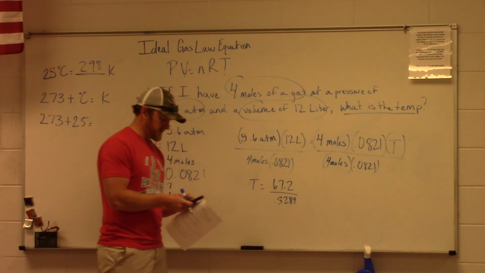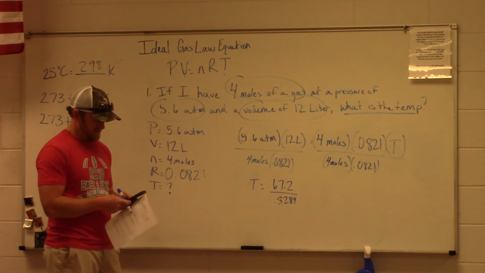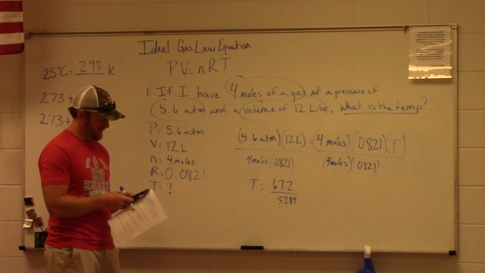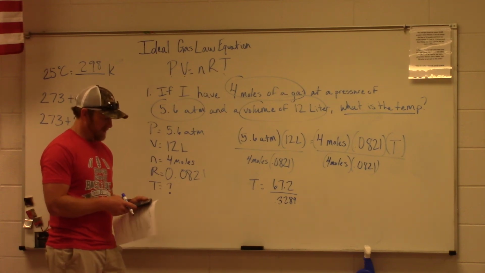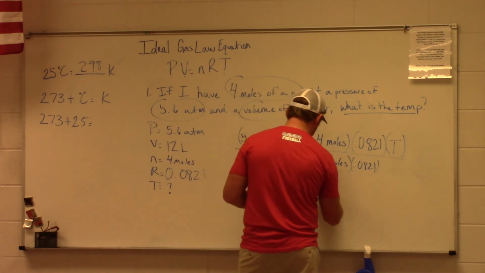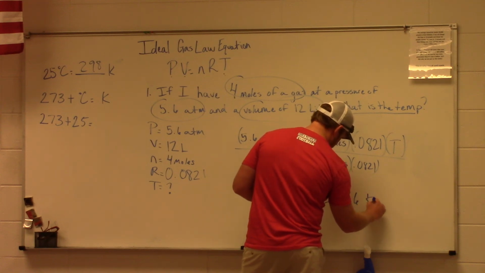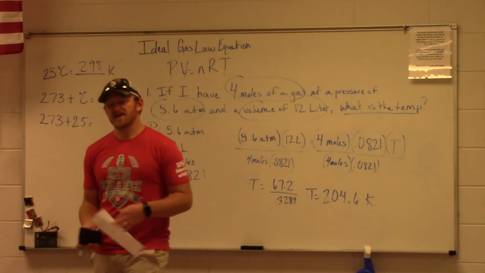Do our division here, 67.2 divided by 0.3284, and we get a temperature equal to 204.6 Kelvin. And that's how you do these problems.